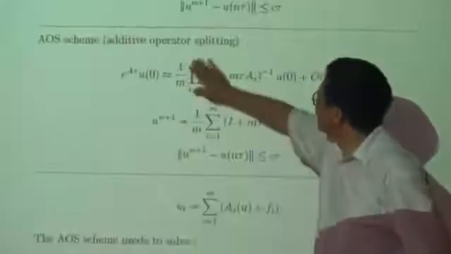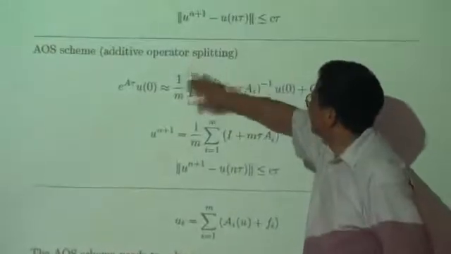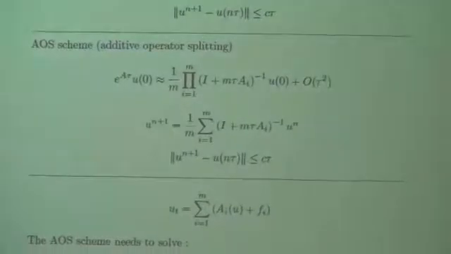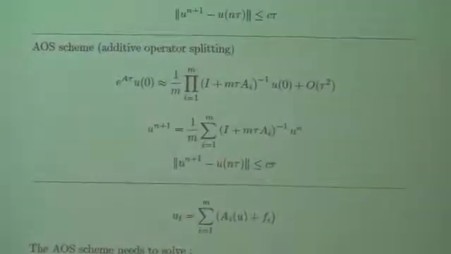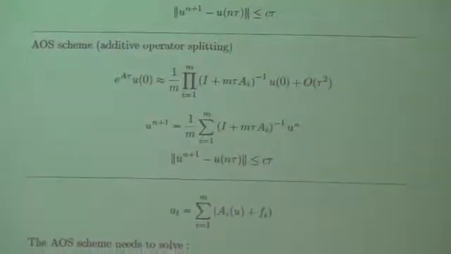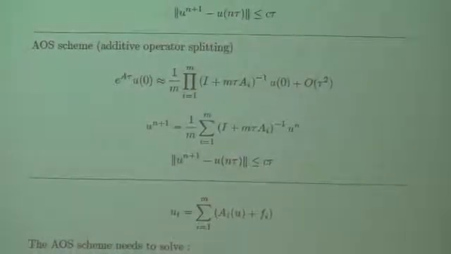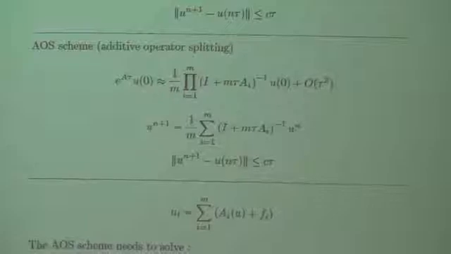If you put the sum over there, that's the so-called additive operator splitting. This is also Cayley-type.